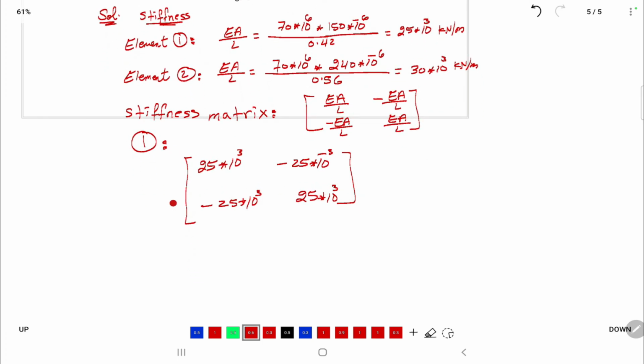This is for element 1. For element 2, I'll be using the same thing.